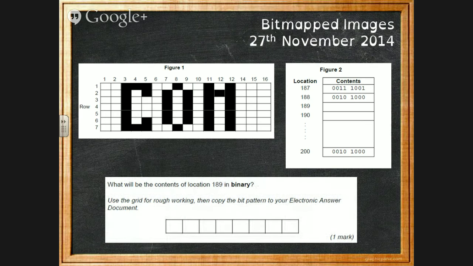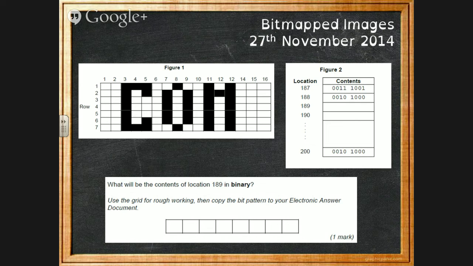Then they start to do this. Okay, this is where I'm going to have a minor problem, and I'm going to attempt to use the board. It may or may not work. So what will be the contents of location 189?